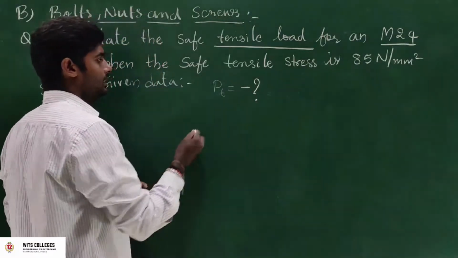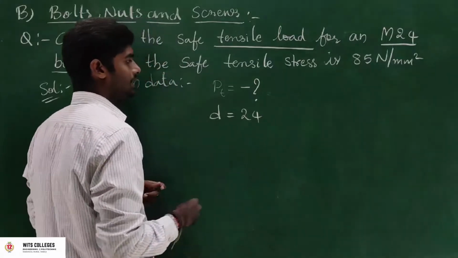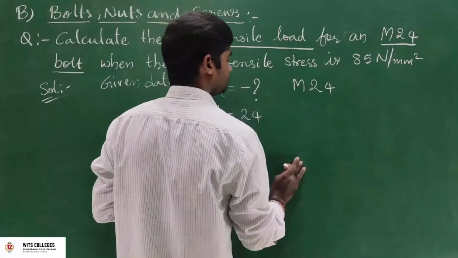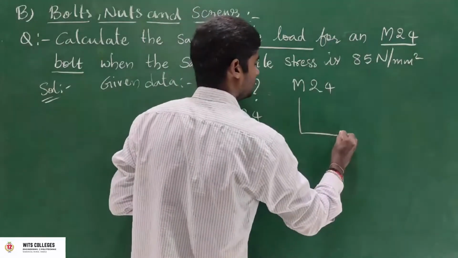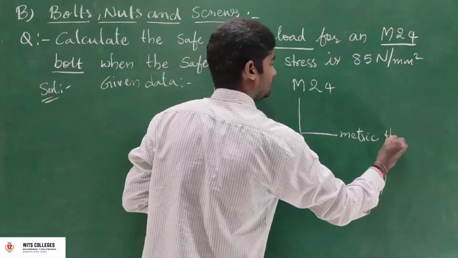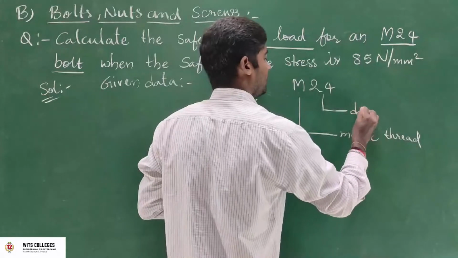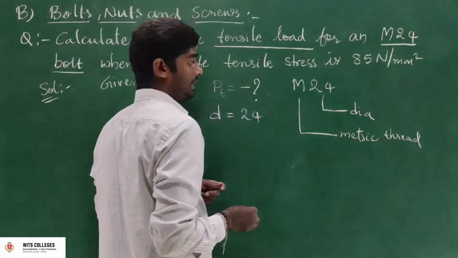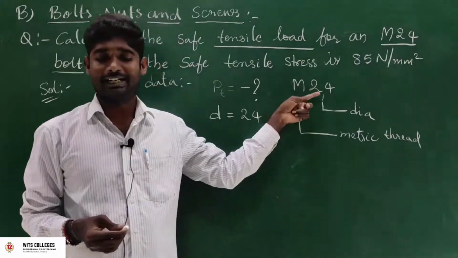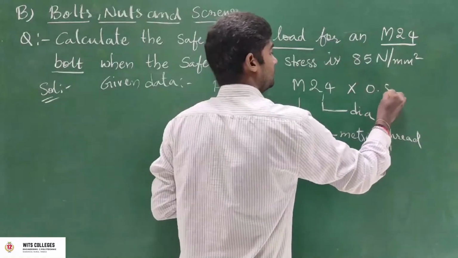There is no load given. Next, D is equal to 24, actually M24. In this, M is equal to metric thread, 24 diameter. And what about pitch? For M24, the standard pitch is equal to 0.84.